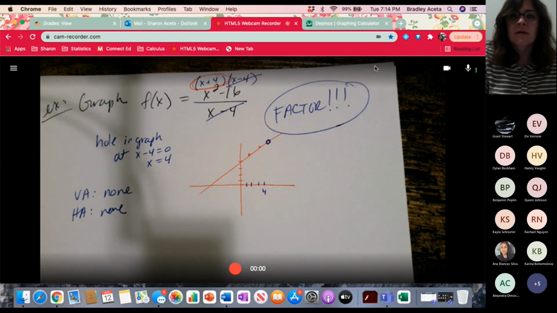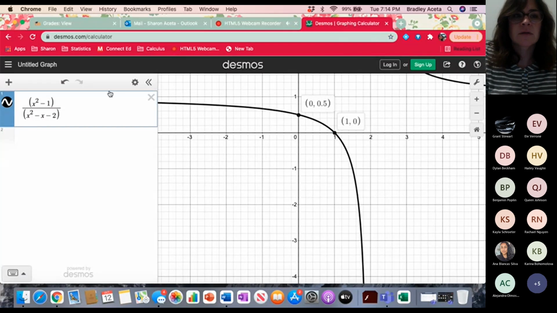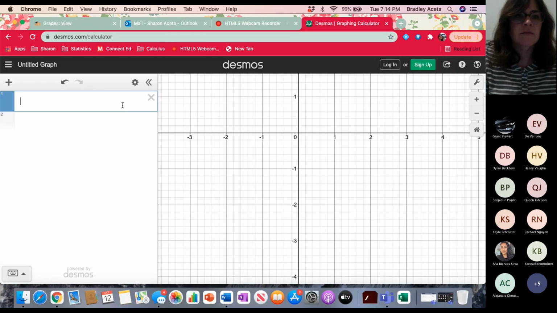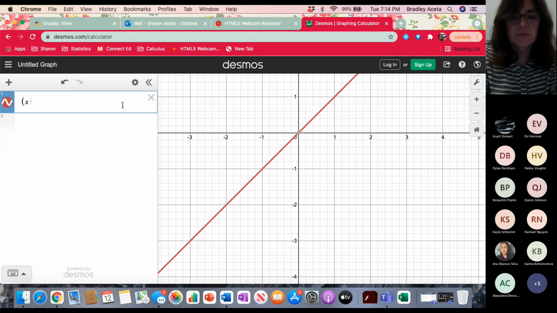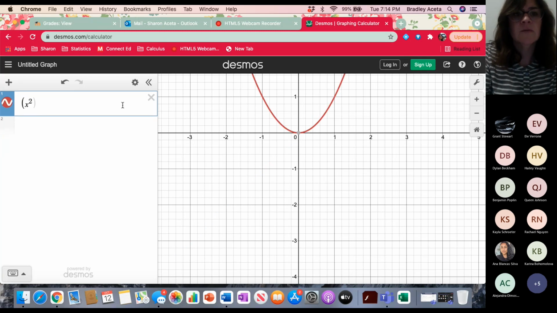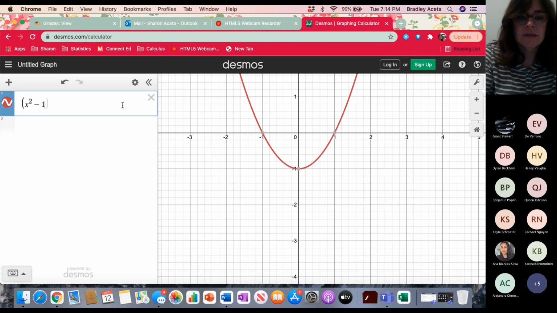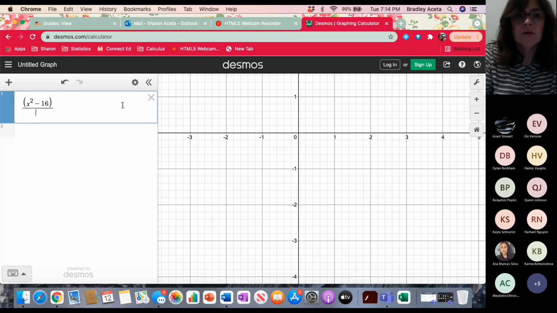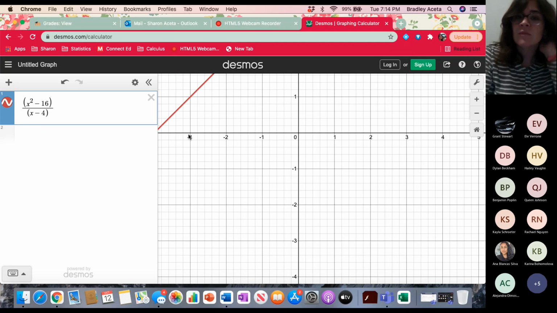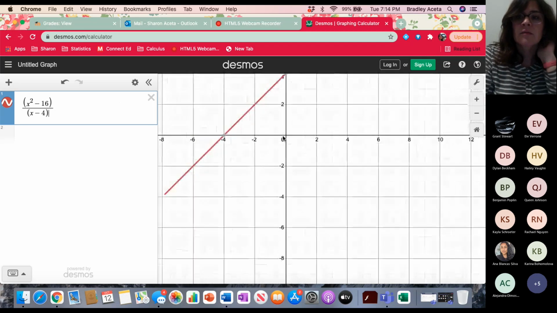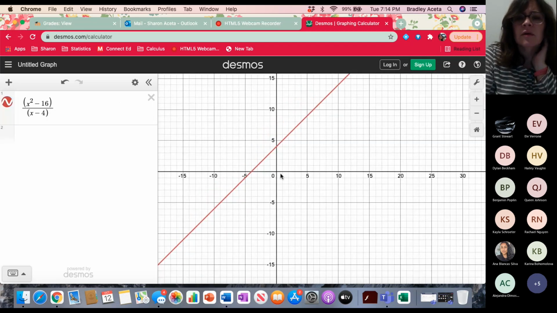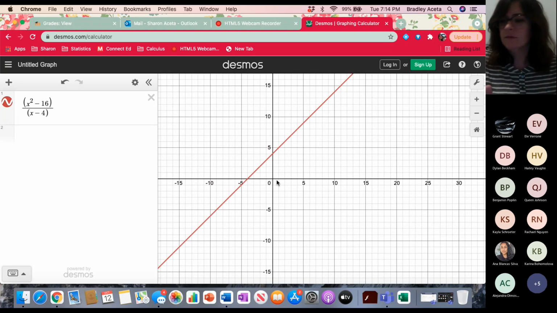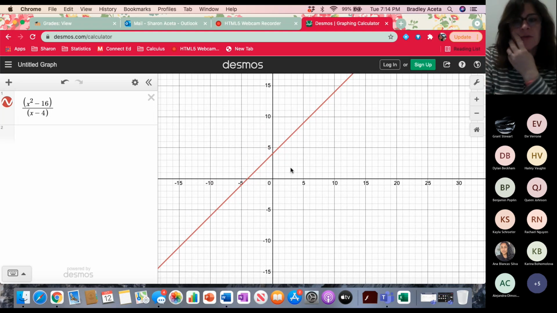So again, let's look at the superiority here of Desmos, x squared minus 16 divided by x minus 4. Okay, well, let's go out a little bit here. Look, it looks just like a straight line. It looks just like the x plus 4 line because the factors canceled.